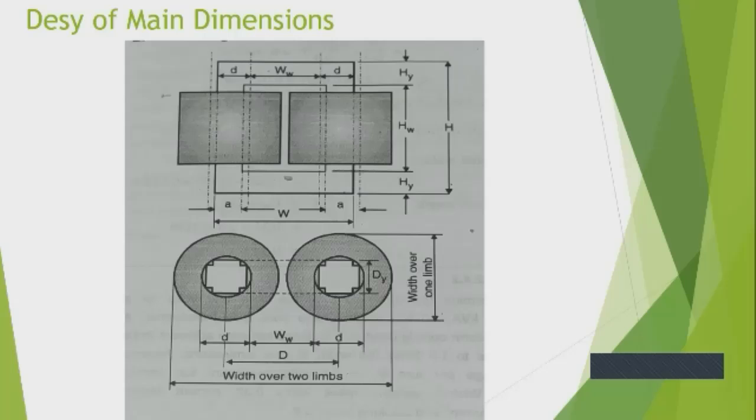Width of one limb, width over two limbs, width over one limb and width over two limbs. You can see in the figure. Here is SW, which means height of window.